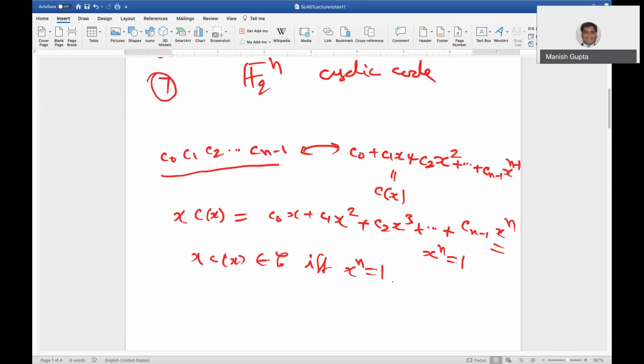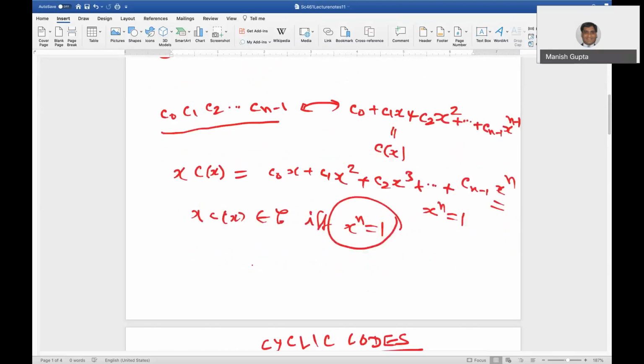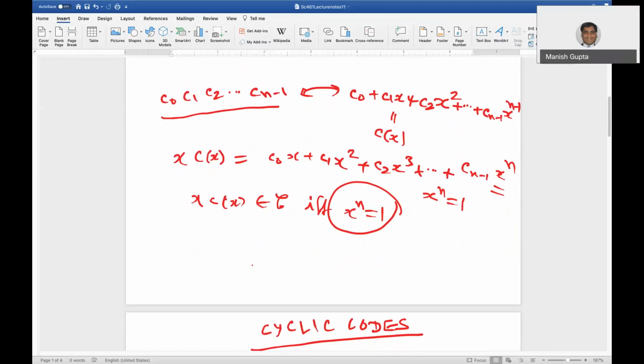This is a very strong condition which is imposed on these polynomials. So this gives rise to what is known as the polynomial ring. We can call it Fq[x], that is the polynomial ring.